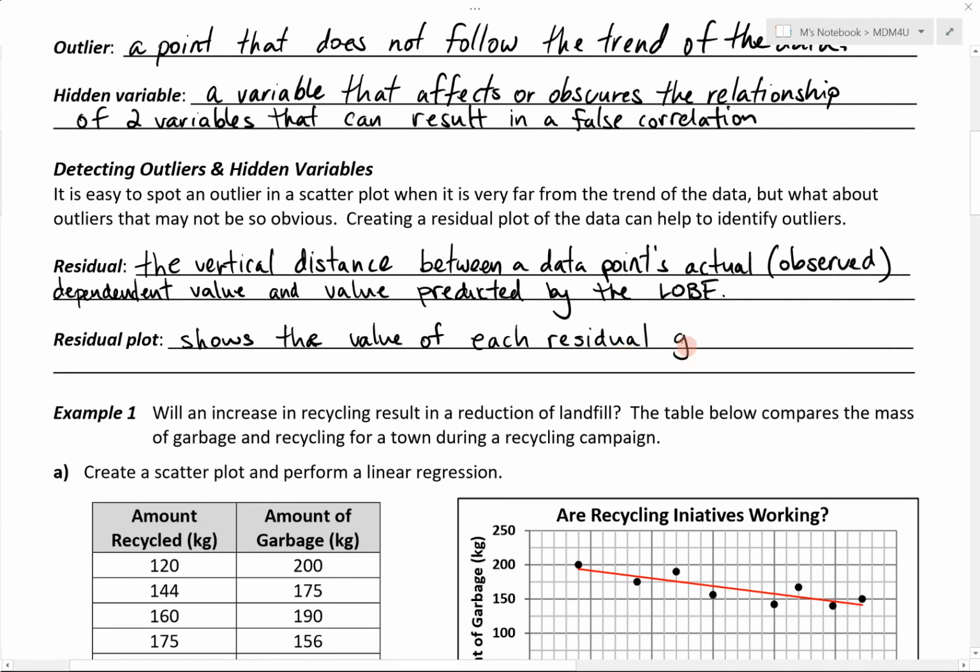And that residual plot will show all those residuals graphically as the vertical distance from the horizontal axis, from the x-axis.